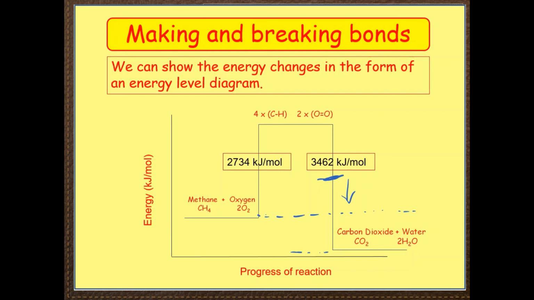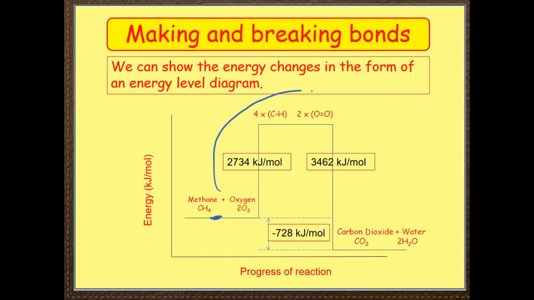That net difference gives us what? This value. You can see the difference. We started from here, we went all the way and we ended here. So the net difference, when you take it back to your graph, you find a deficit of 728. That shows that this reaction is what? An exothermic reaction.